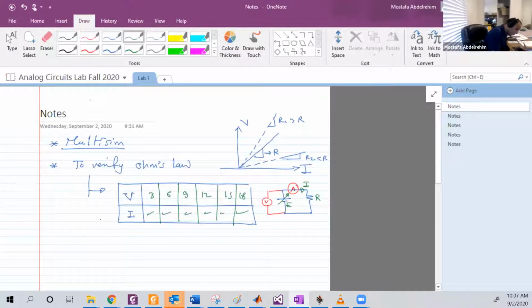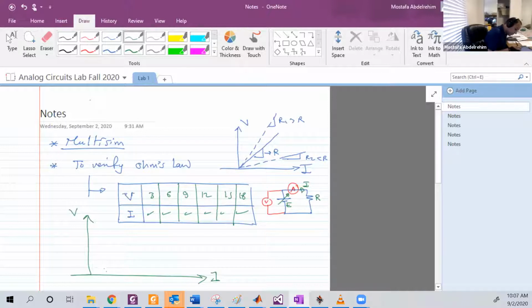Then you draw, this is what we're gonna do. You're gonna draw it yourself by hand and submit this in the report next week. So here we have I, here we have V, and we have these points.